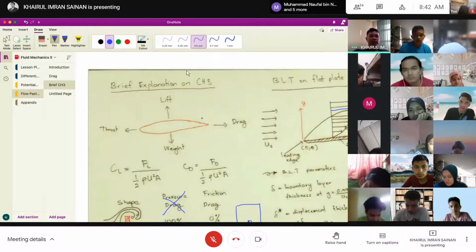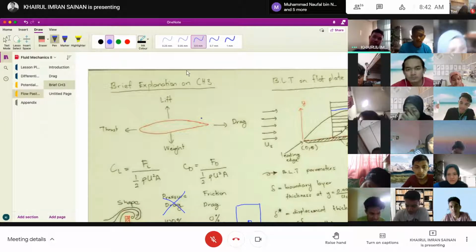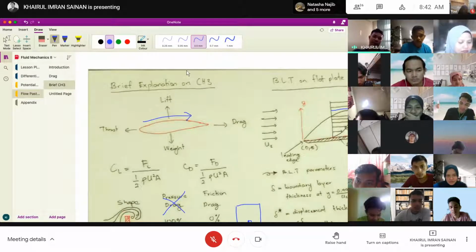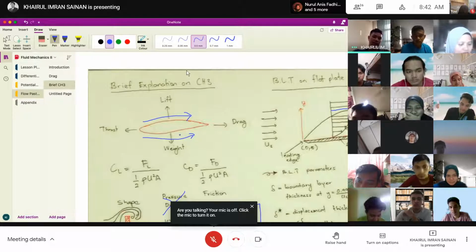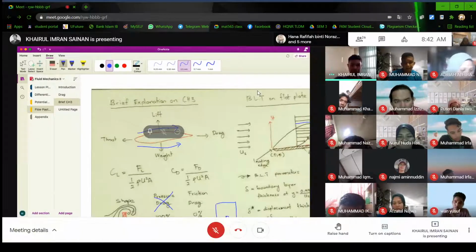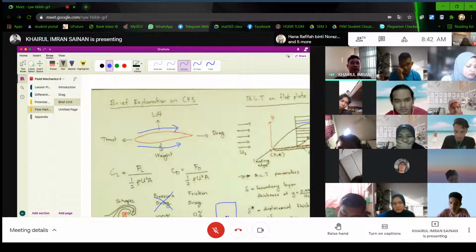So this is aerofoil. So what happens is you have a velocity separated bottom and top. This is bottom, this one is top. Okay. In order for you to get lift higher than the weight, if not, the aircraft cannot fly.